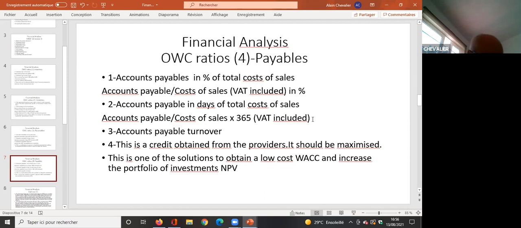And if you increase the portfolio of investment net present value, that means at the end, your return on assets and return on equity, for example, will be higher than expected or than before.